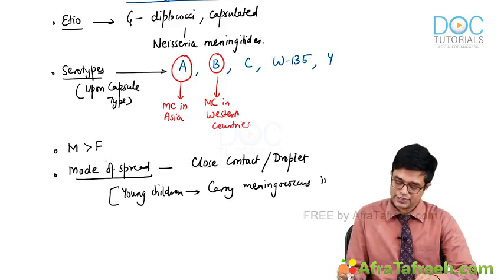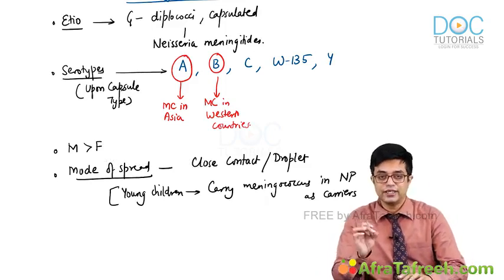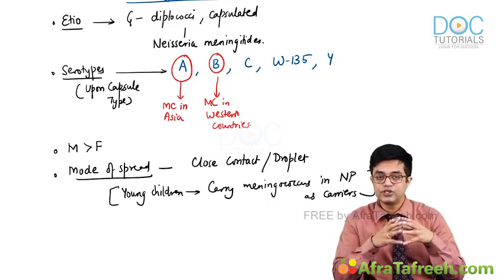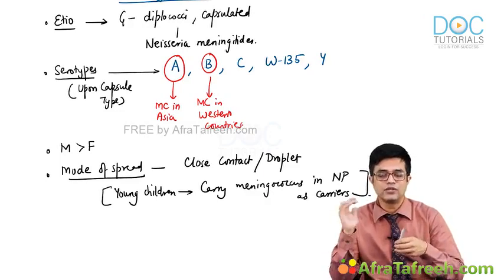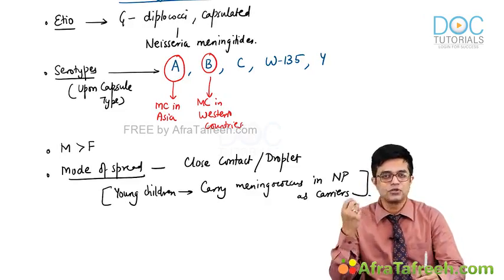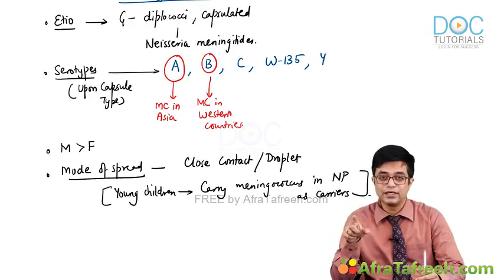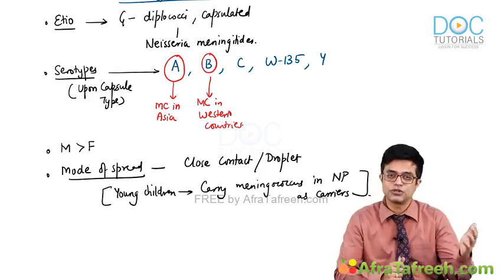Now, there is a very interesting thing to understand here. The nasopharyngeal carriage rate is much more in children who are above 1 year of age. In the first year of life, nasopharyngeal carriage is virtually absent, and that is why meningococcus is not a common cause in the first 6 months of life.